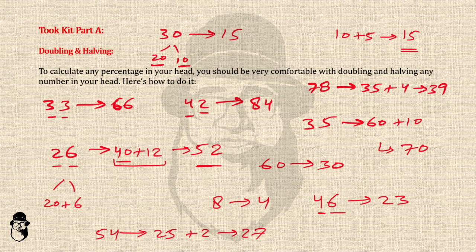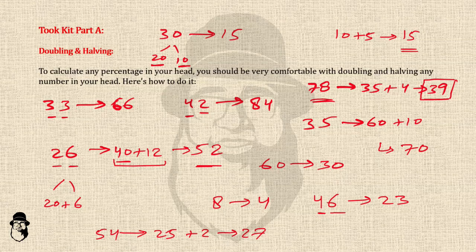And then we can cross check that if we double this 39, we get 78. Double of 30 is 60 and double of 9 is 18. 60 and 18 is 78. We can double check it also, whether we did it correctly or not.